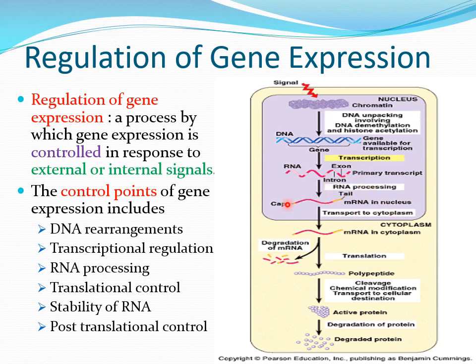After that, the messenger RNA formed comes out of the nucleus, and within the cytoplasm, it is translated to form a polypeptide, that is the protein. So the next point can be control of translation, or the stability of the messenger RNA, that is for how long will it be a functional RNA, will it be possible for it to form proteins.